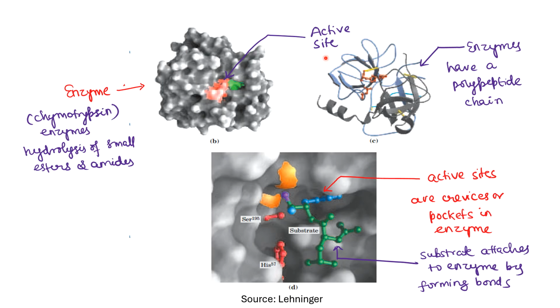Now, for exam purposes you don't need these diagrams, but for understanding purposes, to visualize the active site and how exactly the substrate binds to the enzyme, this is very useful.